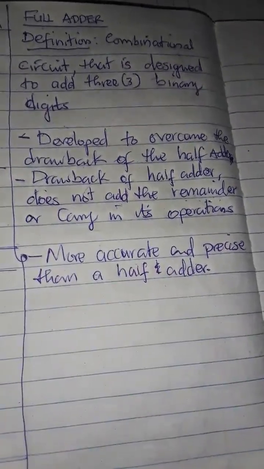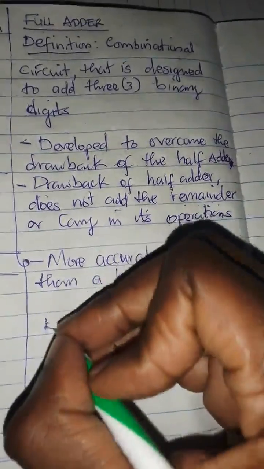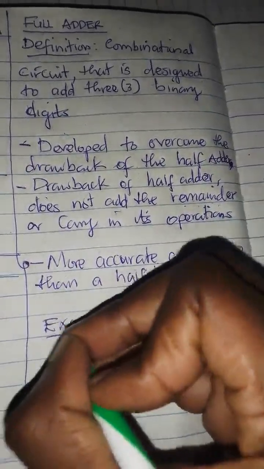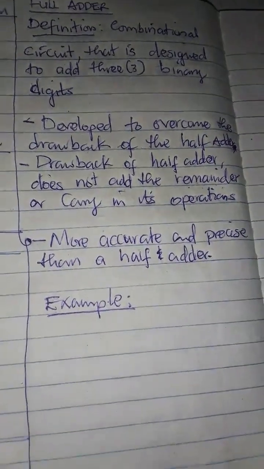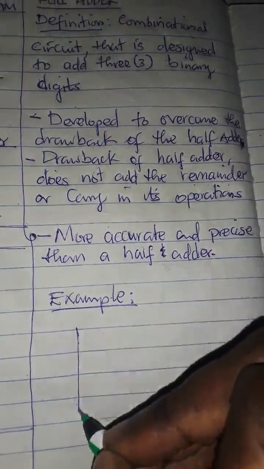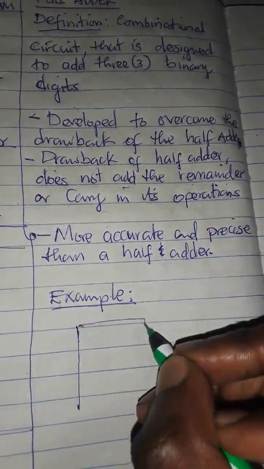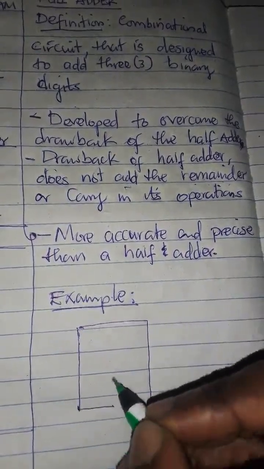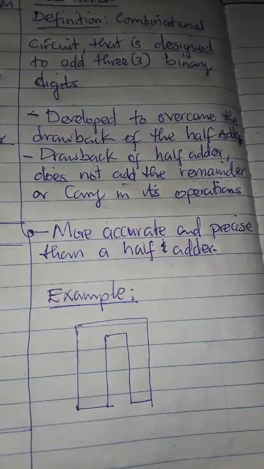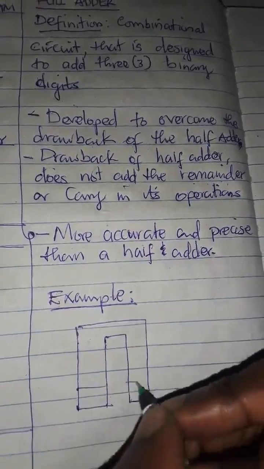Okay, so what do I mean by accurate? Example. This example might not sound like a real-world example, but let me give you this scenario. Let's say we have a building with a number of floors.